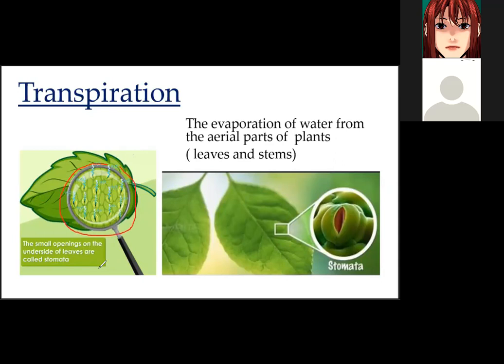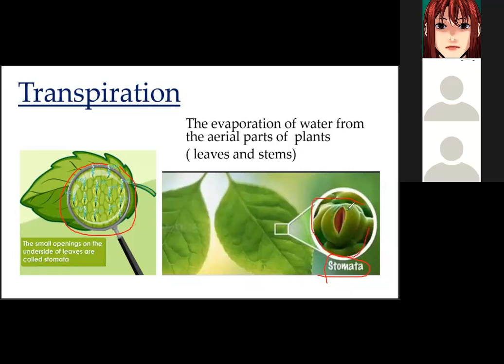Small openings on the underside of leaves are called stomata, right? It looks like this. The opening at the center, and these two sides here, are called guard cells. Guard, G U A R D, guard cell.